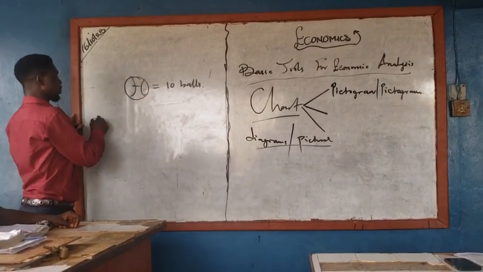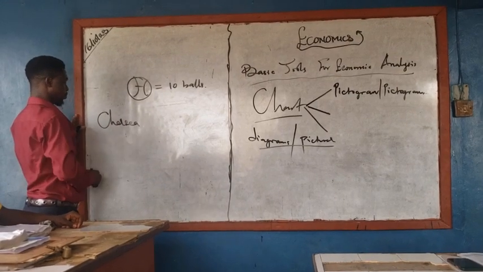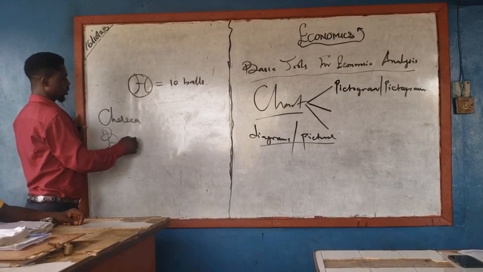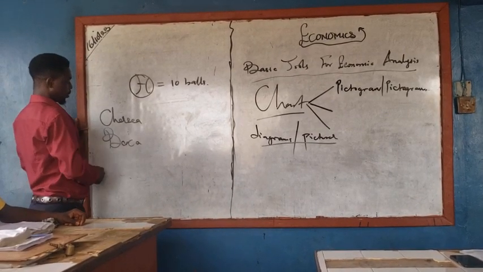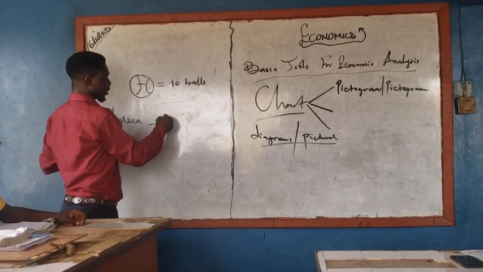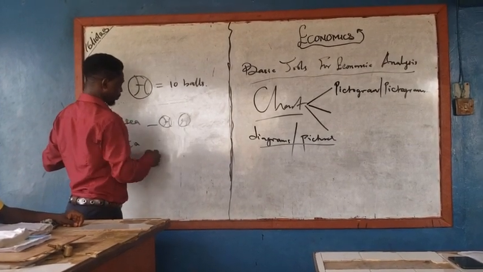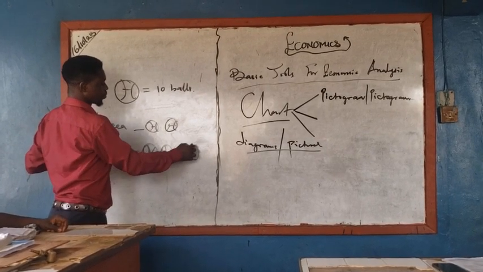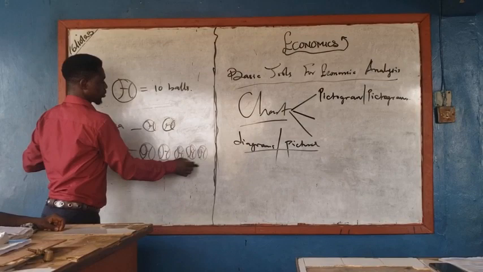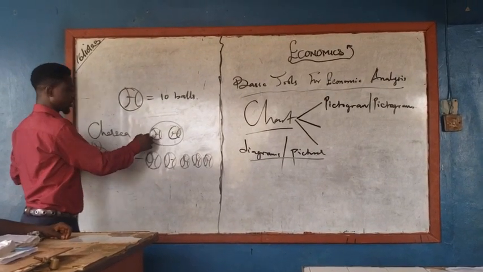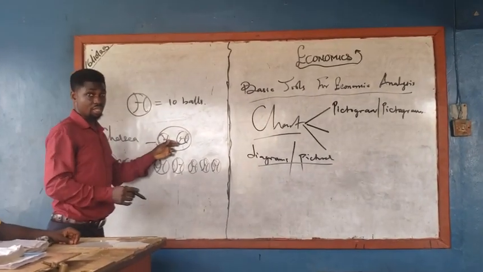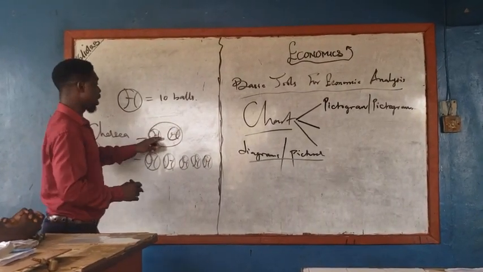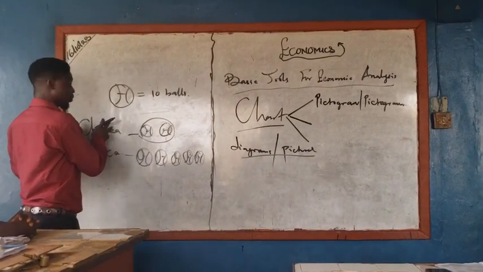So they can give maybe Chelsea, maybe Barca. Or they can draw maybe 2 for this one, maybe 5 for this one. When you say 2 for this one, that does not mean it's only 2 balls that we have here. Since you understand that one ball represents 10 balls, they want to know the total balls this one belongs to.